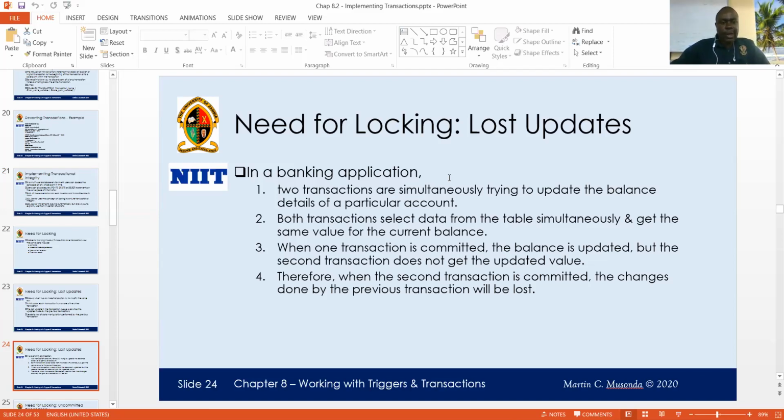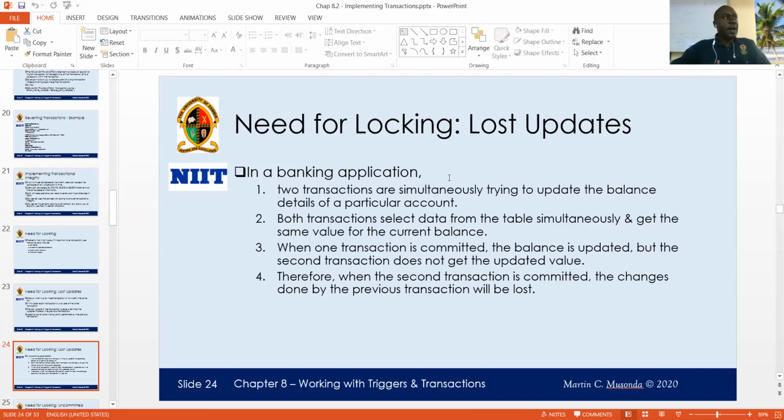So the first transaction to be committed is going to update. So if it's the payment, it's going to add 250 plus 500 and make it 750 kwacha. But remember, for the online payment, I need to be charged the kwacha equivalent of maybe $450.